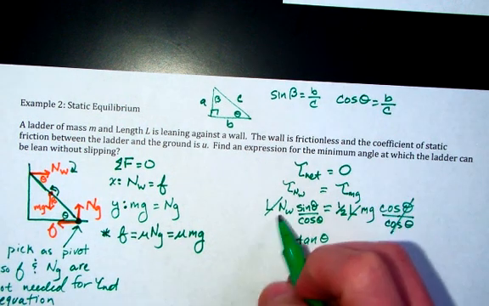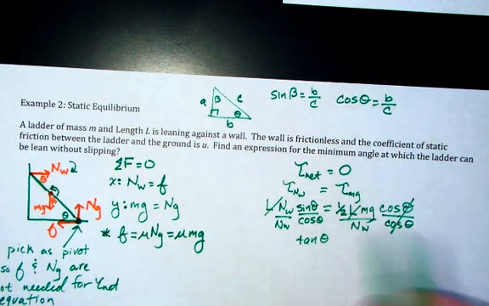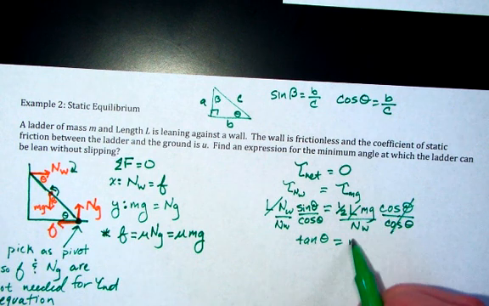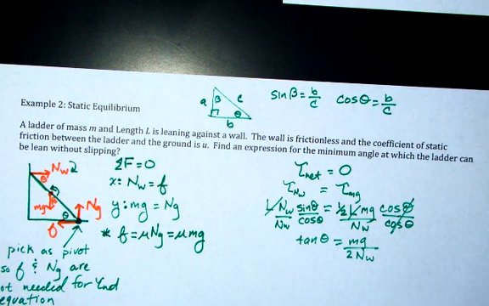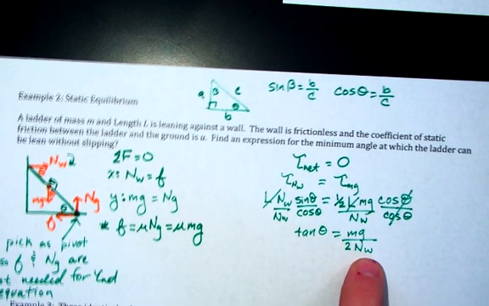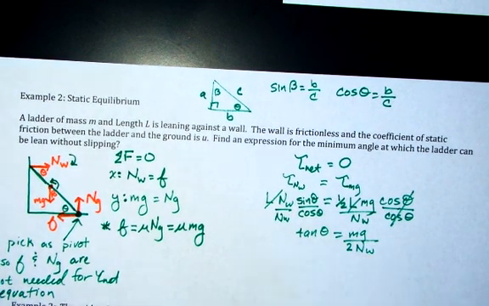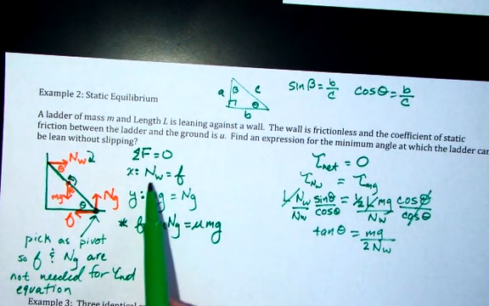That means I also want to remove this normal force from the wall. So I'm going to leave the mg on top, and with this 1/2, I'm going to put the 2 on the bottom times the normal force of the wall. But like I said at the beginning, my goal is to solve for theta in terms of just mu. I have mg, and I have the normal force of the wall. Let's take a look over here at the forces, and notice the normal force of the wall is equal to what? To friction.